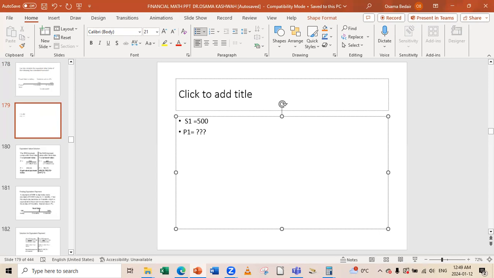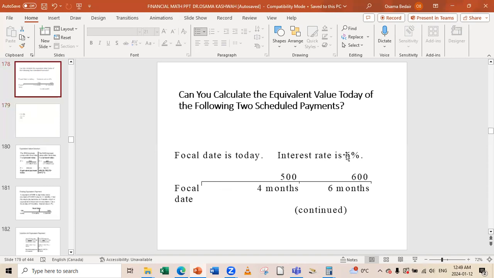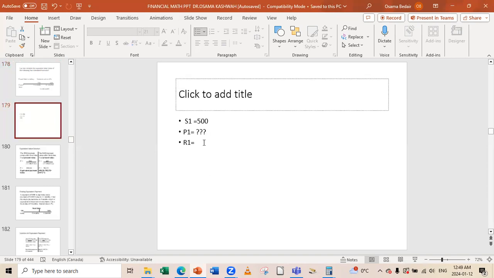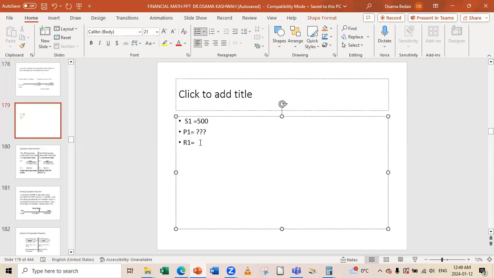We don't know it. We want to get P1, the present value. And we also have the rate of interest. Rate 1 is actually the same as rate 2, it's the same for both of them. So rate 1 here is 6%.